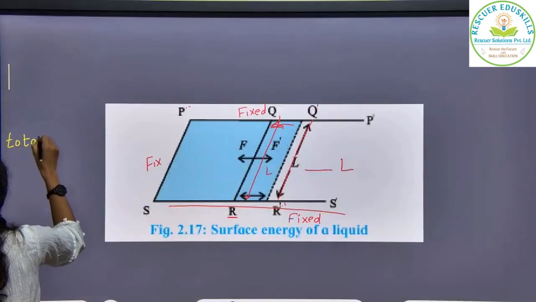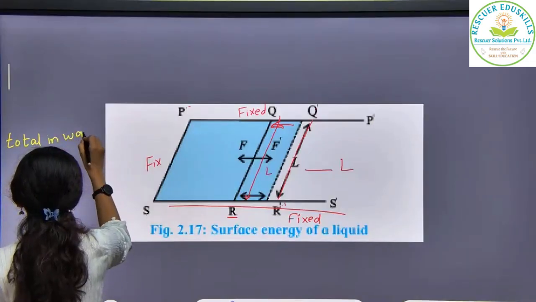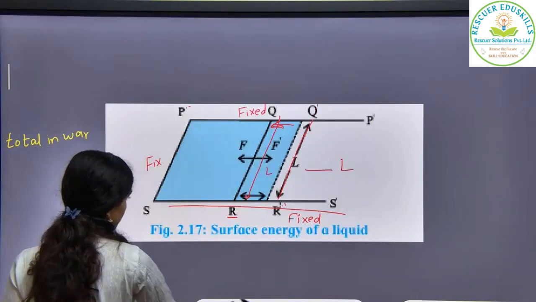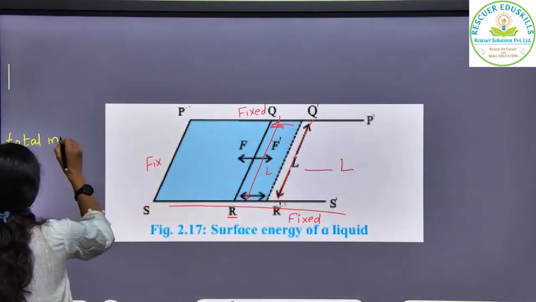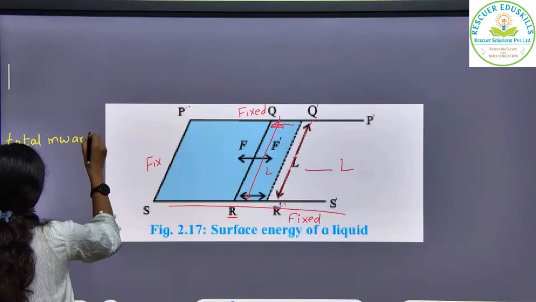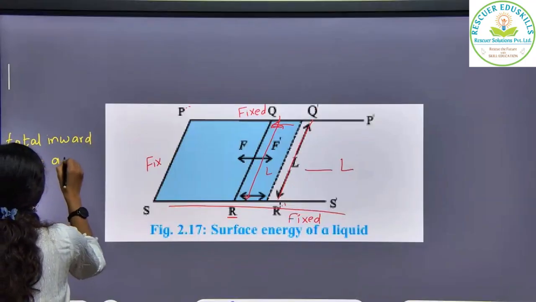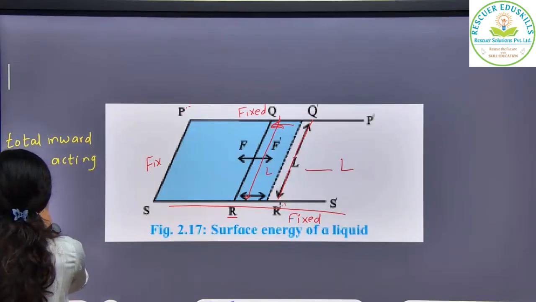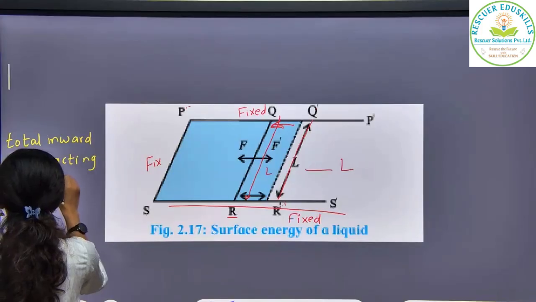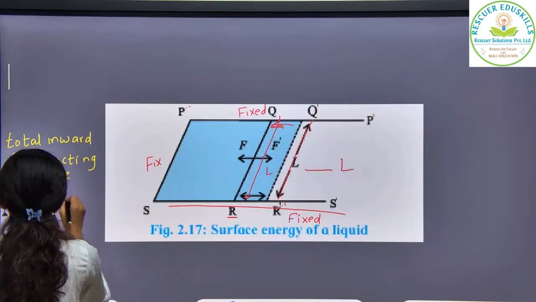Total inward force acting on the wire is F is equal to 2TL.